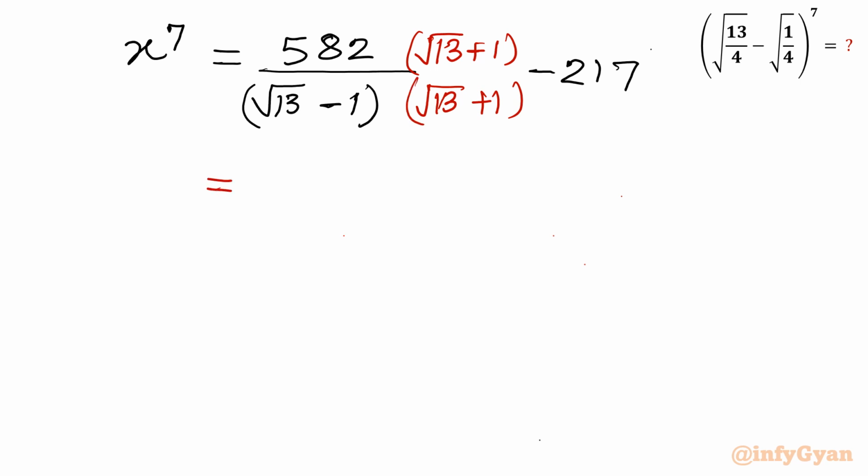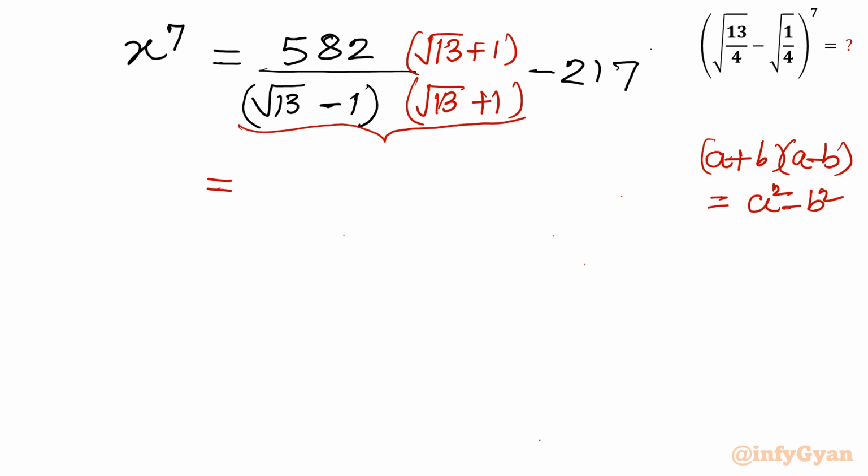Now I will consider the identity a plus b times a minus b, which can be written as a square minus b square. So here I can apply the difference of two squares identity. So it will become 582 times root 13 plus 1.